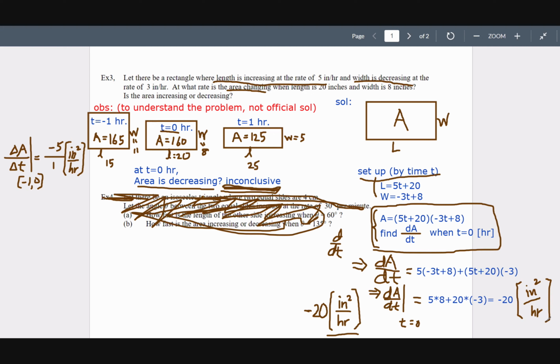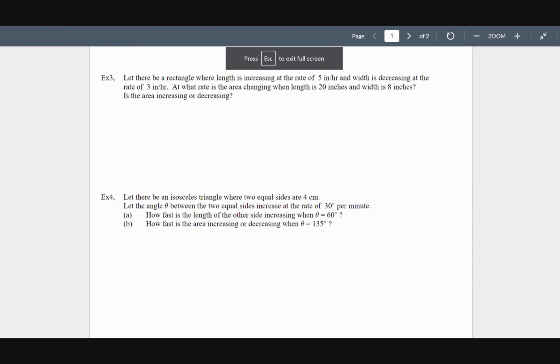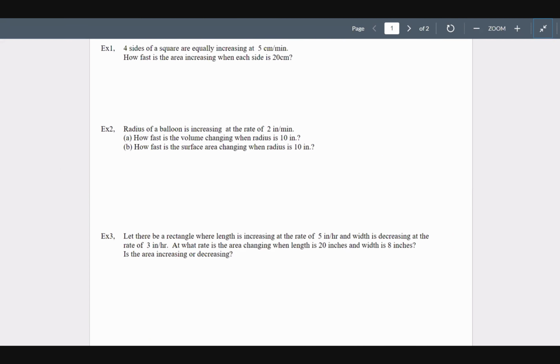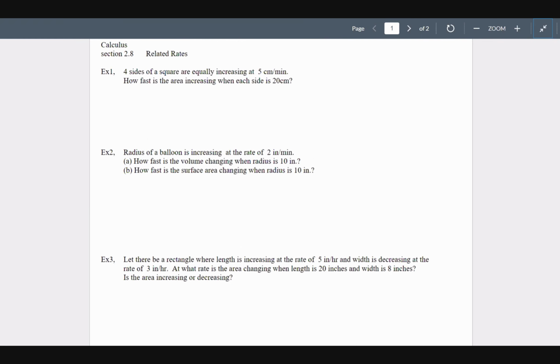Note that this setup by time is possible for any problem which involves time. So if you look at examples 1 and 2, was there time there? Let me save this and then clear. Actually, example 2 involves time. So for example 2, there's a setup by time.